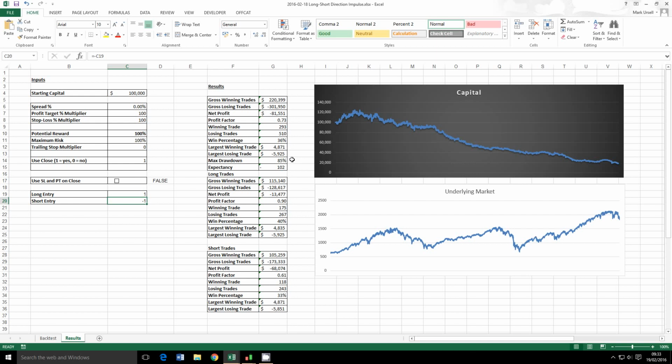Having a think about why these results occurred, we can probably go back to the idea that this impulse system is designed for momentum stocks during strong market conditions, and I'm testing it here on the S&P 500, which is of course an average value of 500 of some of the largest companies in the world.